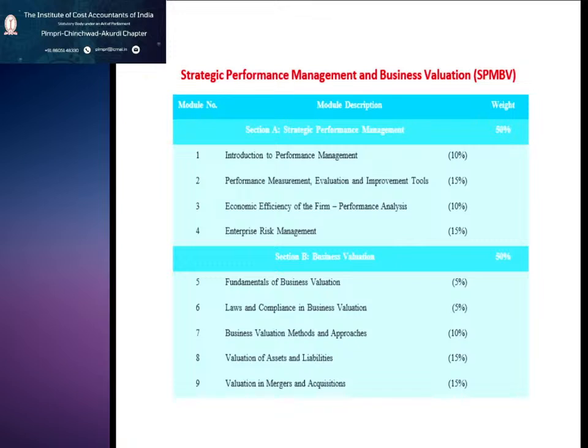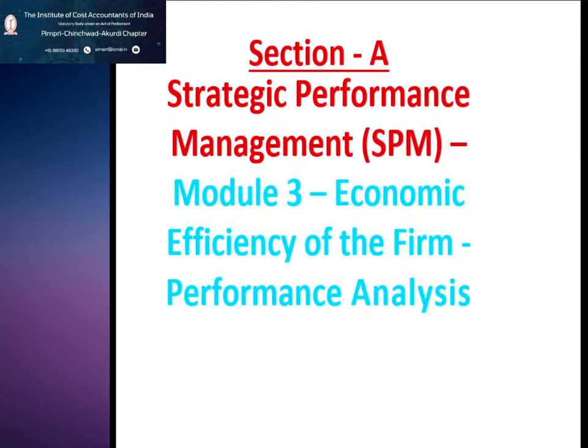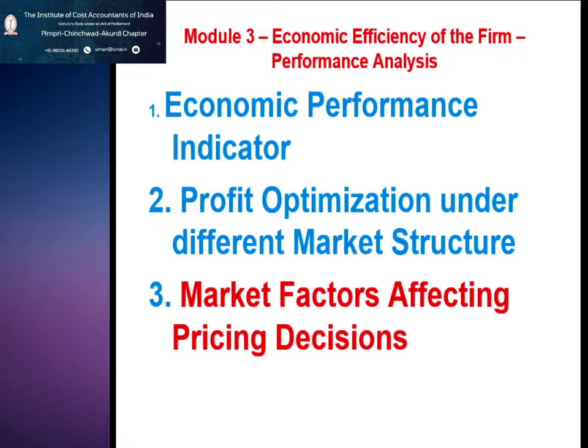Module 3 is about economic efficiency of the firm, performance analysis, and in that there are 3 chapters. In the previous session, I finished economic performance indicators. Today I am taking market factors affecting pricing decisions. The second chapter, which is about profit maximization under different market structures, I will take in the next session.